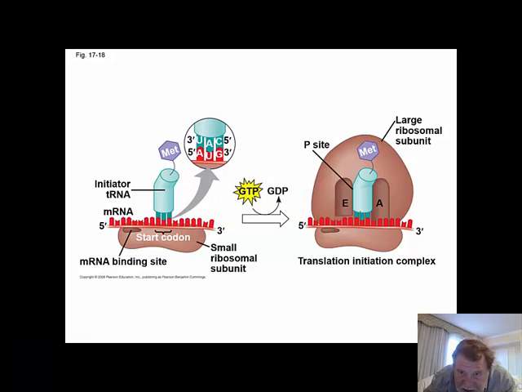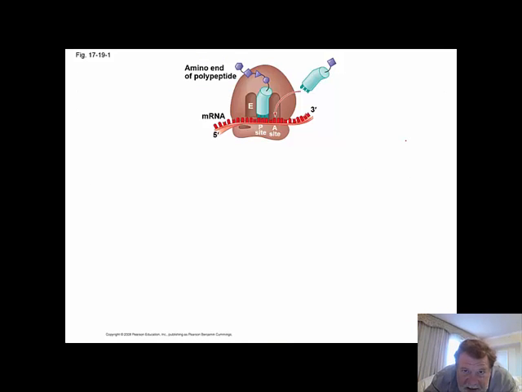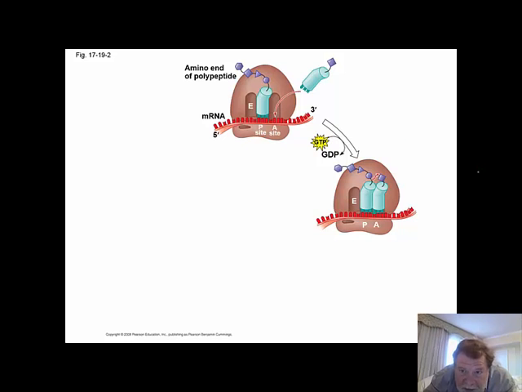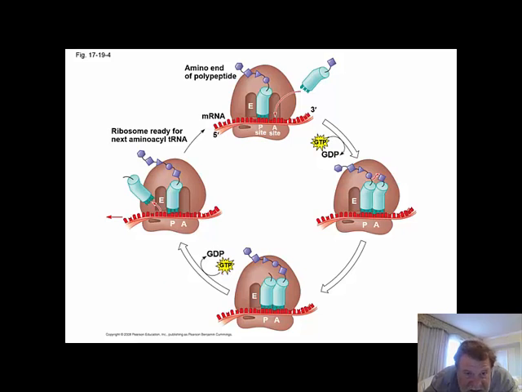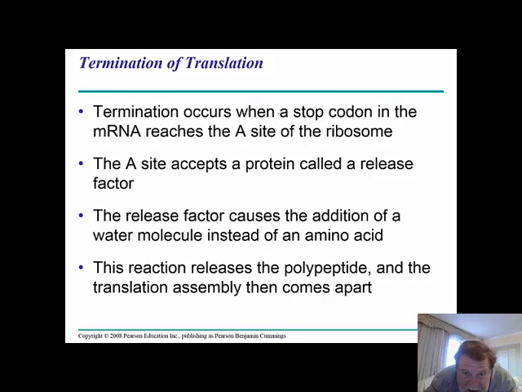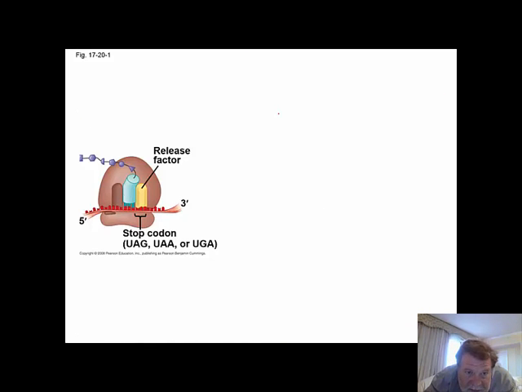So here we see in the P site a charged amino acid, and then basically what happens is a charged amino acid goes into the A site. We then see the hydrolysis of GTP, which basically moves the polypeptide over to the new site. With the hydrolysis of GTP, the empty tRNA is now able to leave the E site, and it slides forward, and the process starts all over again.